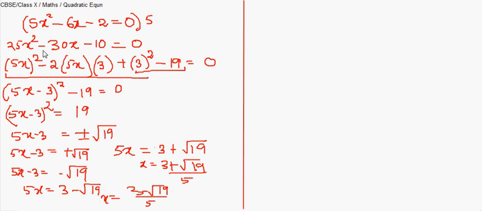This is when you are multiplying the whole equation by 5. You might come across an approach where they divide the whole equation by 5, thereby making it x square minus 6 by 5x minus 2 by 5 equals 0.